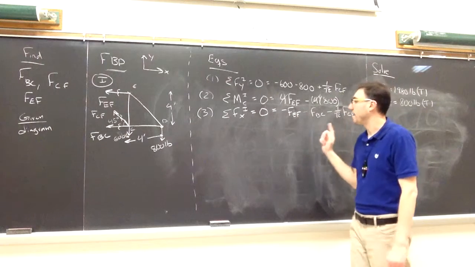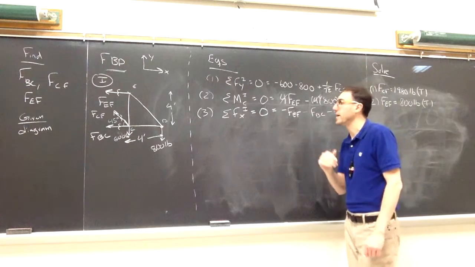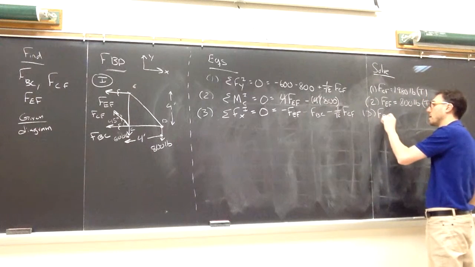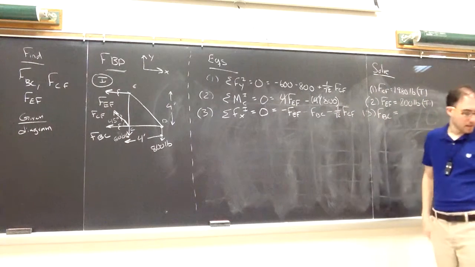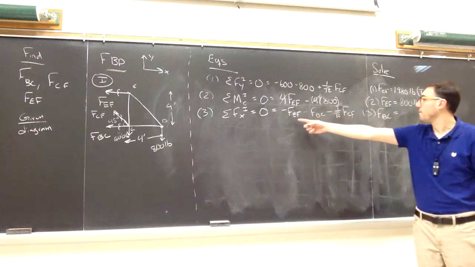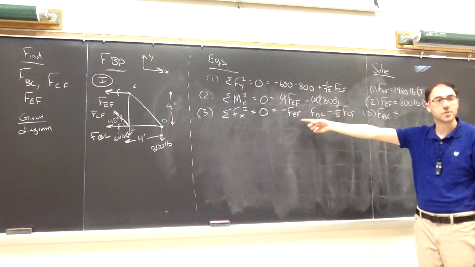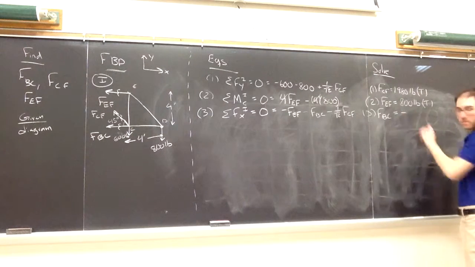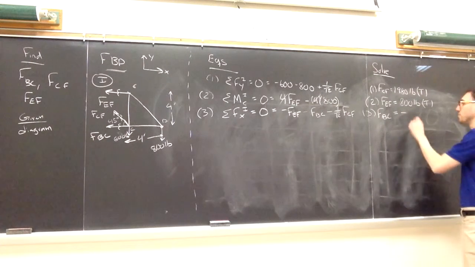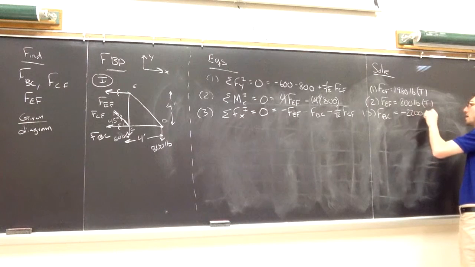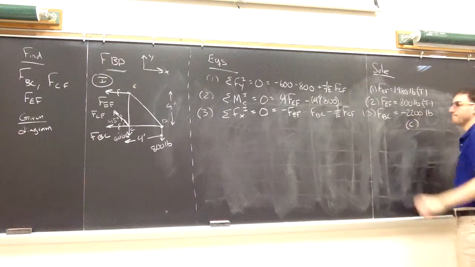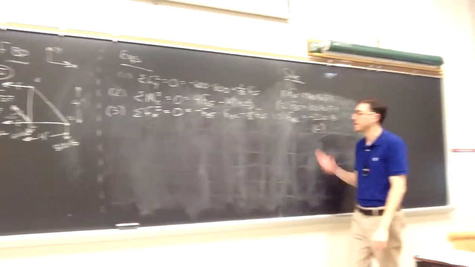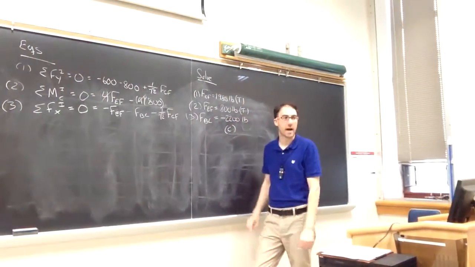FEF I know, FCF I know, so the only remaining unknown in equation 3 is FBC. So plugging in 1980 for CF, 800 for EF, I find that FBC is a negative 2200, meaning that FBC is in compression since we got a negative value there.